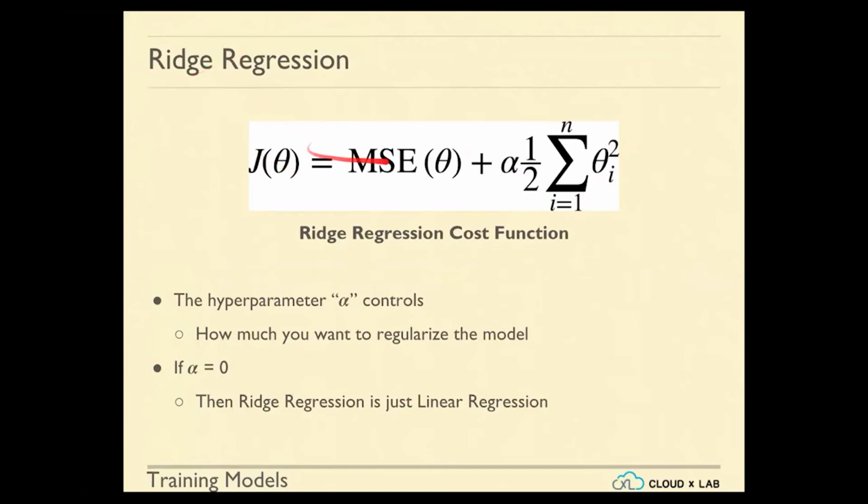Therefore, when we compute the gradient descent of this, it is always going to force us to keep on bringing down the thetas.